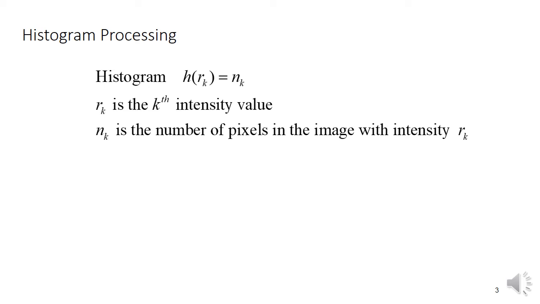And this histogram of randomly selected pixels is equal to nk, where nk is the number of pixels in an image which have intensity value rk.